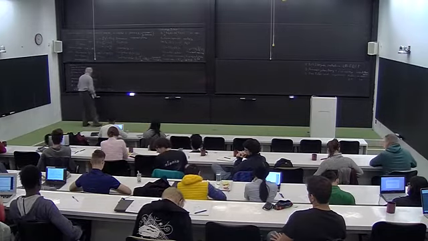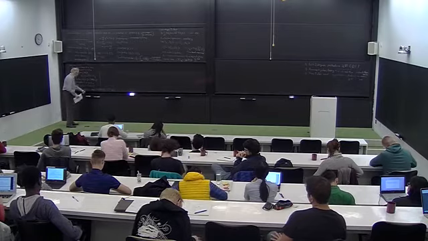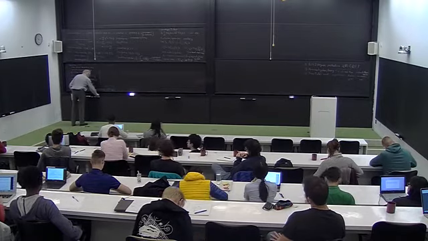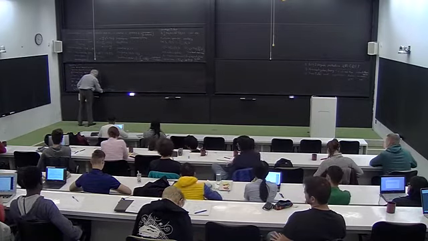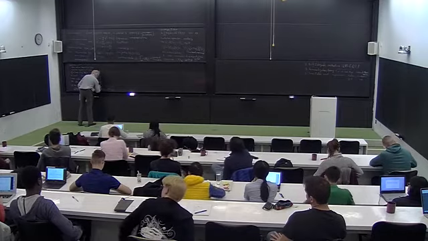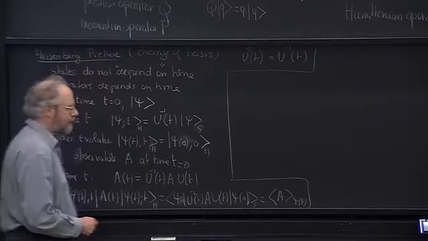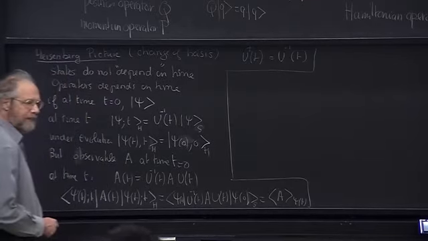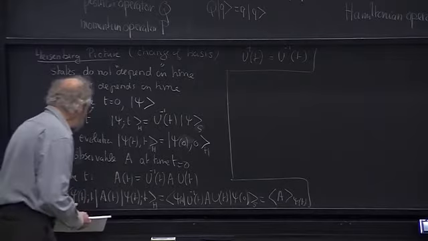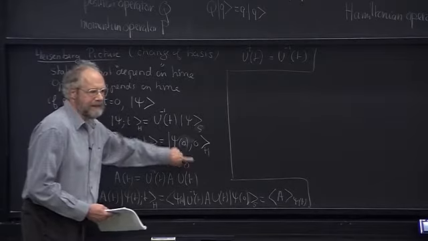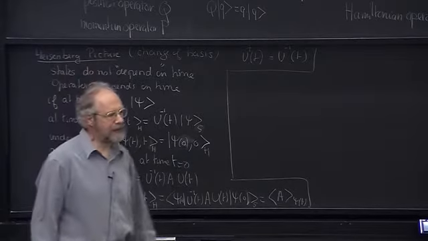This is the result of the observation. So if you want, this is Schrödinger. But in the Heisenberg picture the states are not time dependent, and the operator is time dependent.